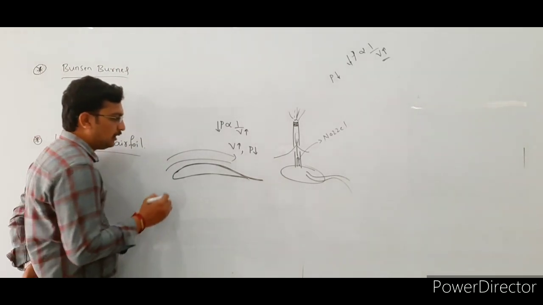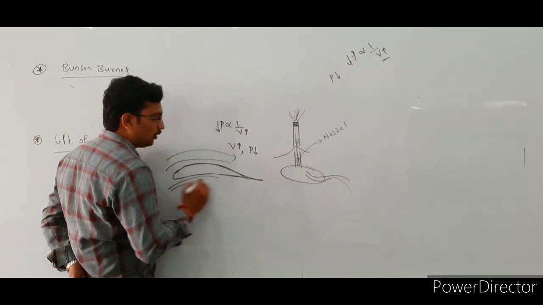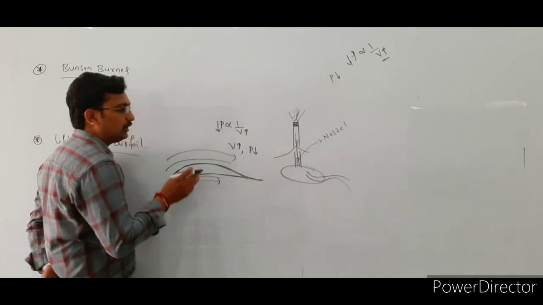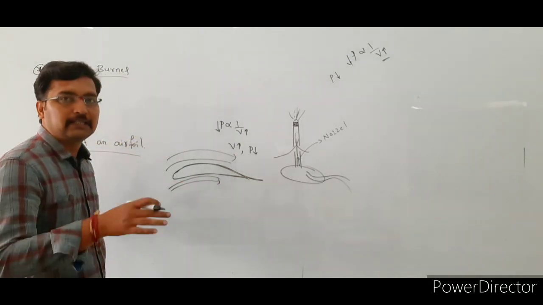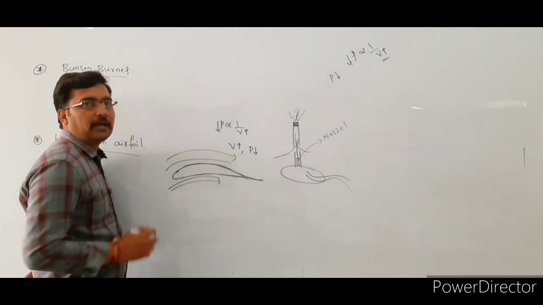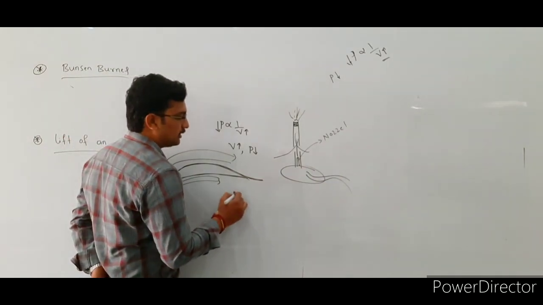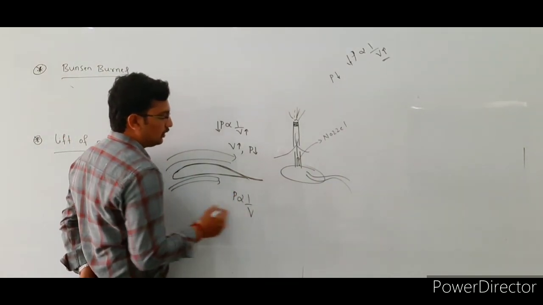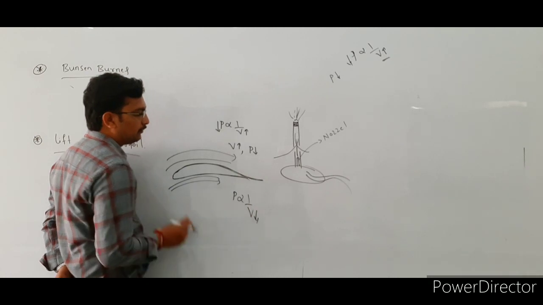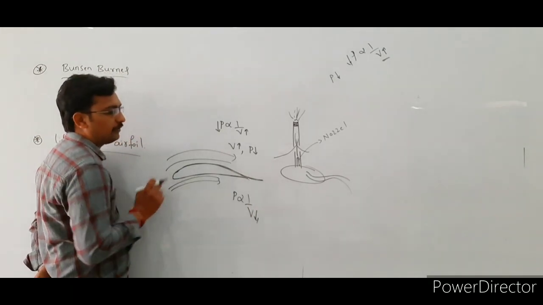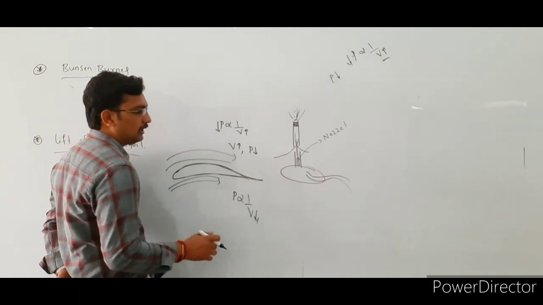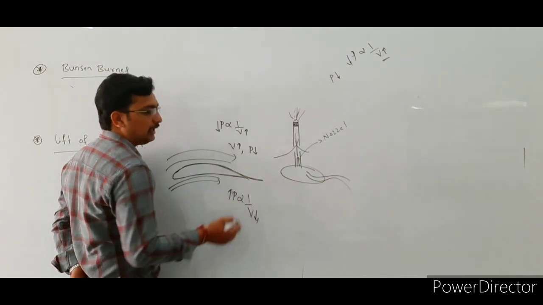At the same time, the speed of the air below the aeroplane wing is less compared to the upper surface. Since pressure is inversely proportional to V, the velocity of the air at the lower surface of this wing is less, so the pressure at this point is more.